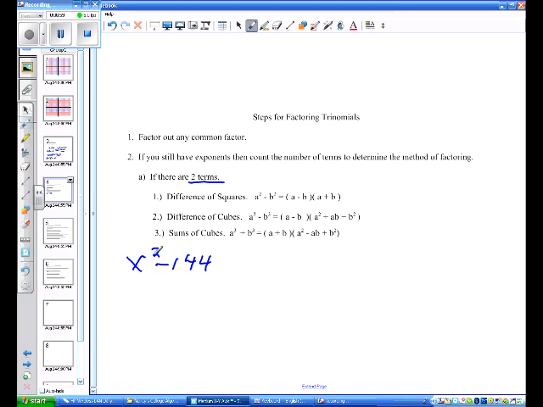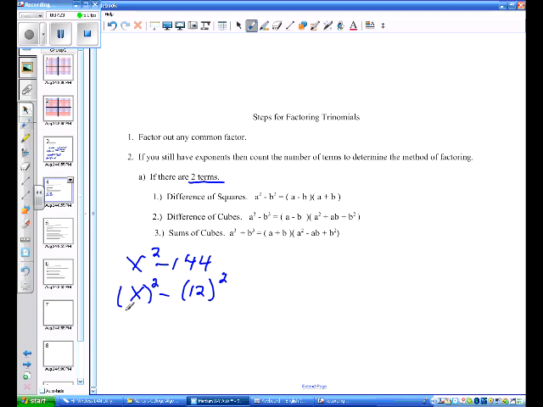So we're wanting to see which pattern this would fit. Well, since it's a square, the only one we can look for is difference of squares. So we're wanting to know if we can write this as something squared minus something squared. Well, this would be x. We want to know, is there any number that when we square it, we get 144? Well, the number 12. So we've been able to write it in that pattern.